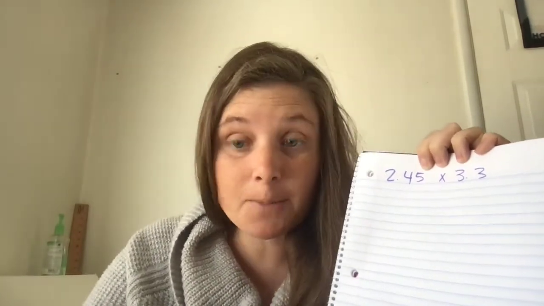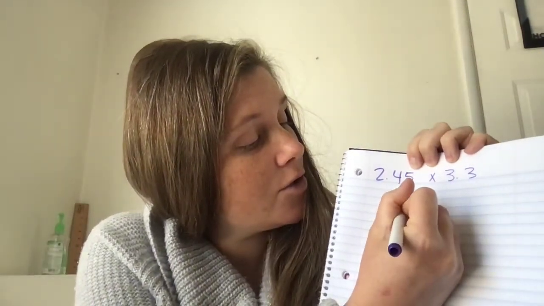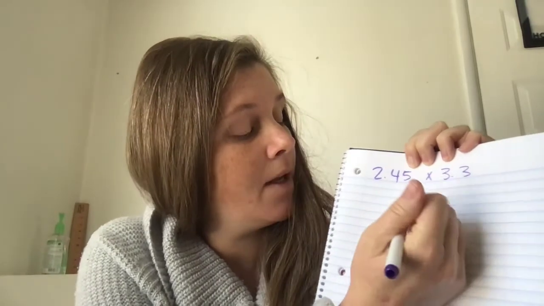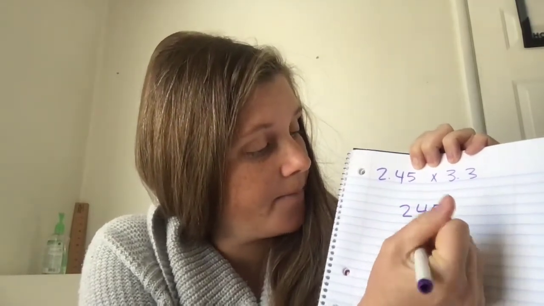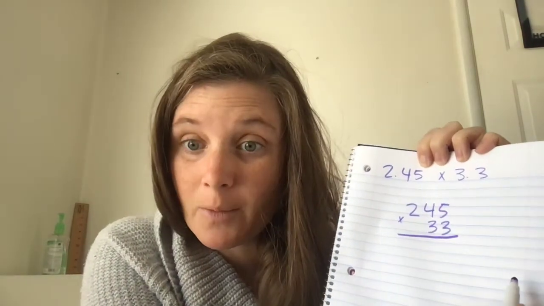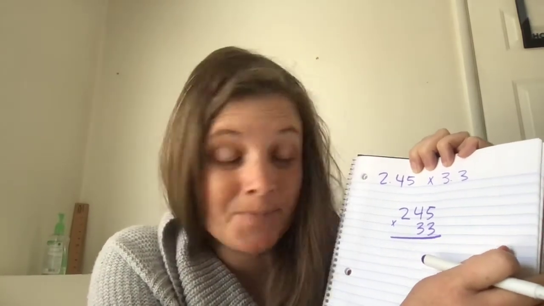So this answer is going to be about 6. Okay, now we multiply. We line them up. 245 times 33. Okay, here we go. Pause me, you do it. Then we'll do it together.